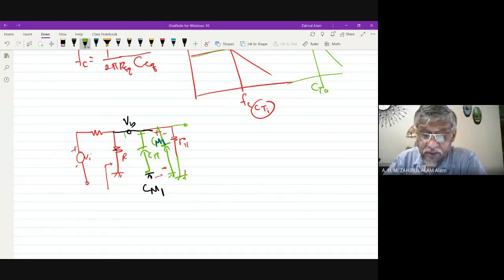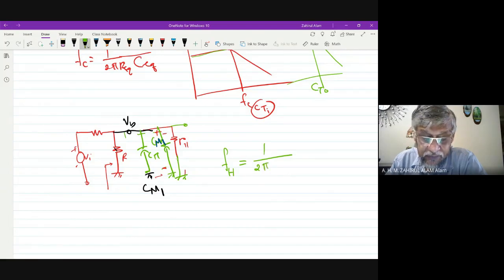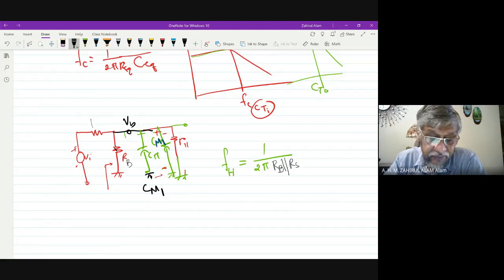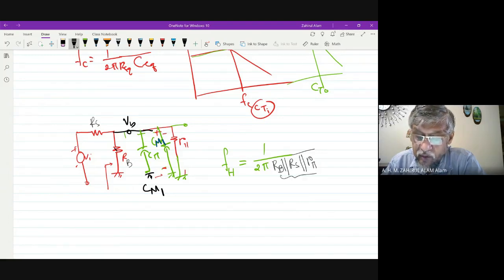Yes. So now for this particular case, I can write f_H is equal to 1 over 2 pi, times RB parallel RS parallel R pi. This is the equivalent resistance. Is it correct?